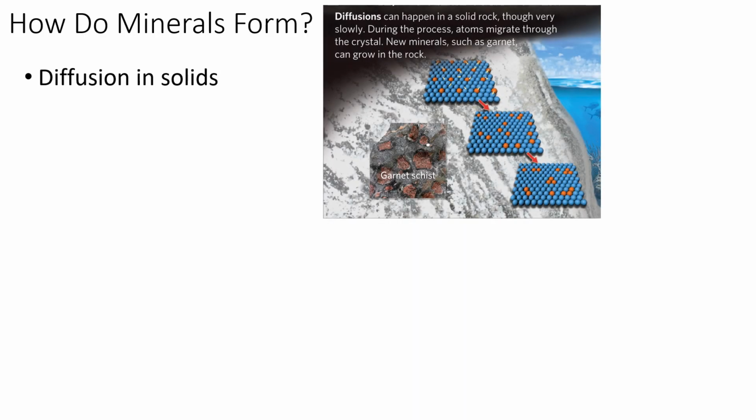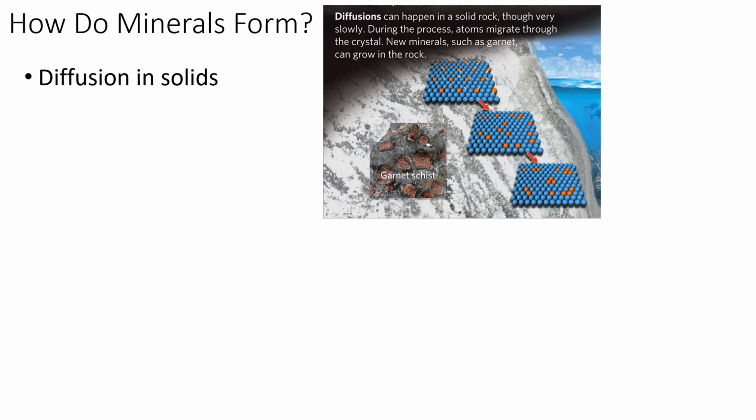A fourth example of how minerals form is through diffusion in solids. This is actually happening in solid rocks as they undergo changes in heat and pressure that result in something called metamorphism. So this diffusion is actually the movement of atoms migrating through the crystal lattice within the rock.